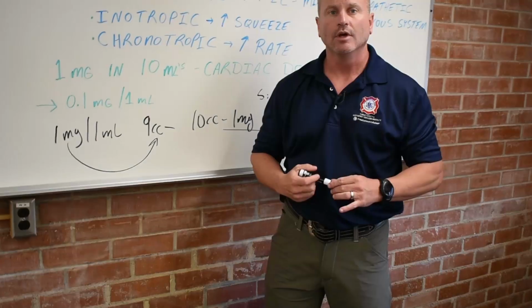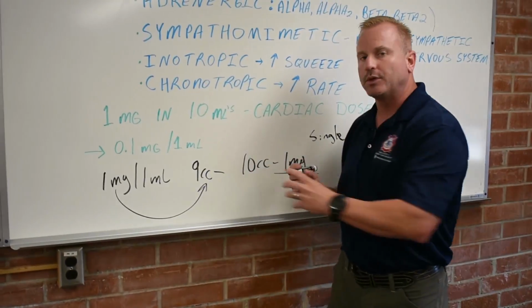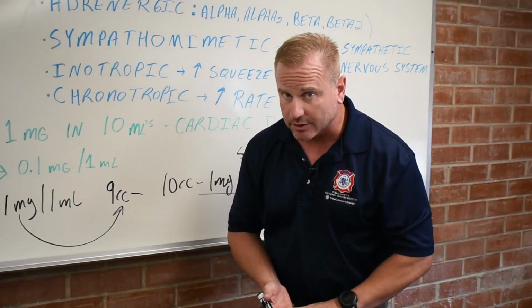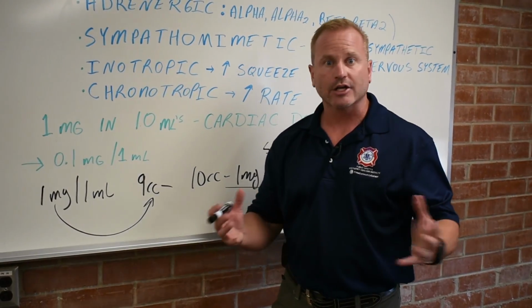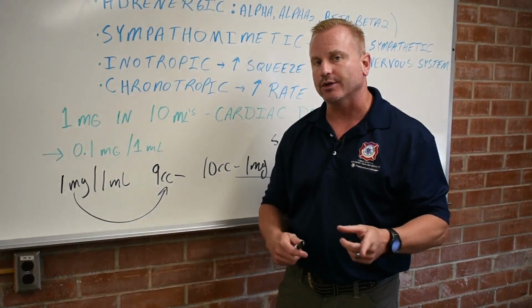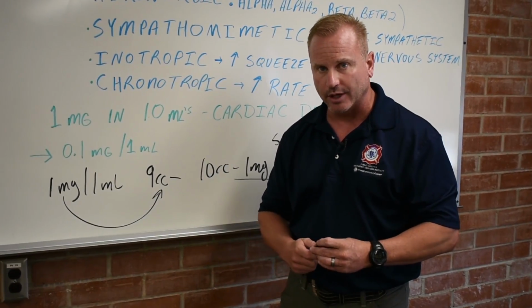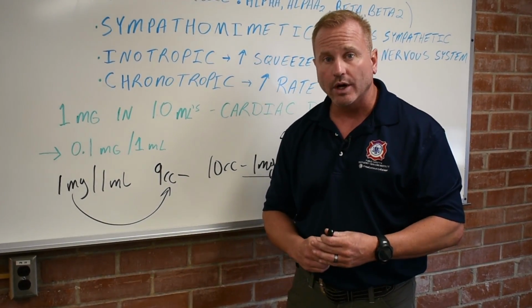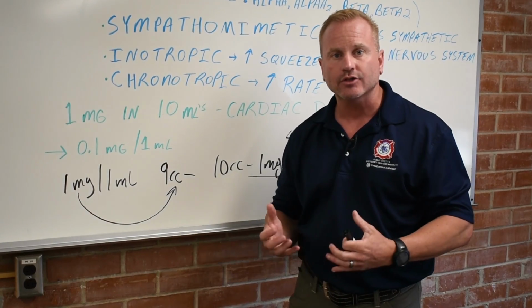It's all the same. So it's important to know the difference between 1 to 1,000 and 1 to 10,000. For asthma, for example, we give 0.3 to 0.5 milligrams IM of the 1 to 1,000 dose, for the adult dose. It's a concentrated dose.